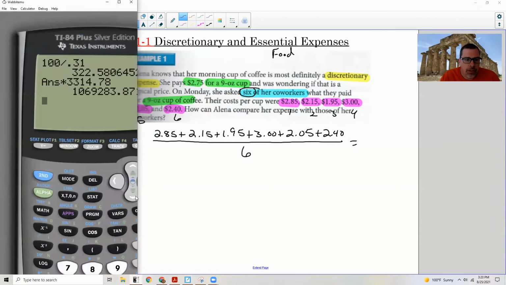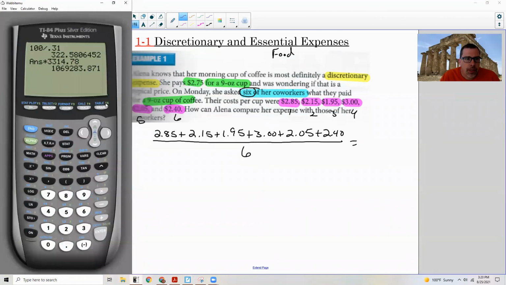So in order to do this in the calculator, I'm going to take 2.85. Oh, and by the way, when you put it in the calculator, if you want to do it all at once, you need to put your numerator all in the parentheses and the denominator all in the parentheses. In this case, the denominator is just 6, so you don't need parentheses around just a number 6.